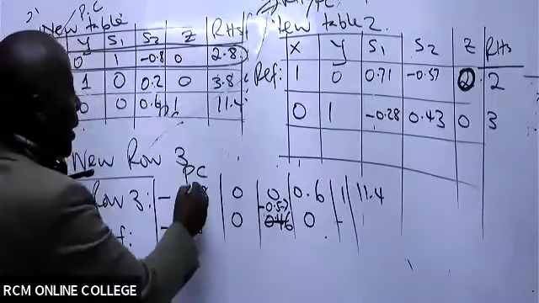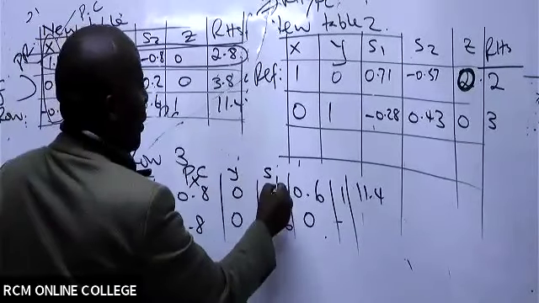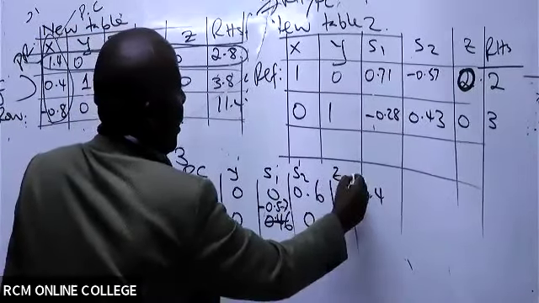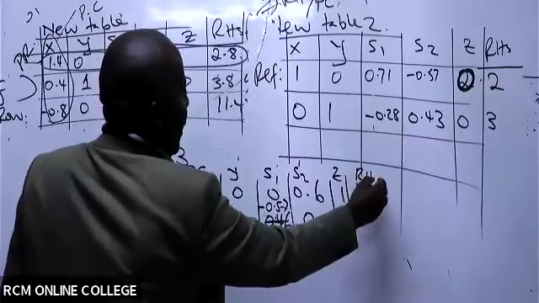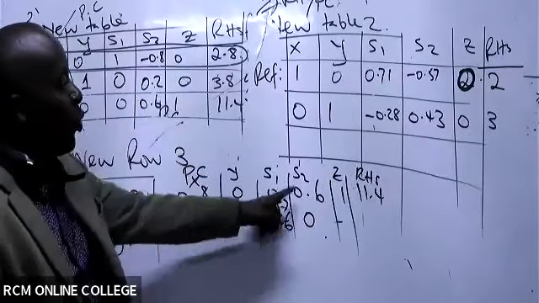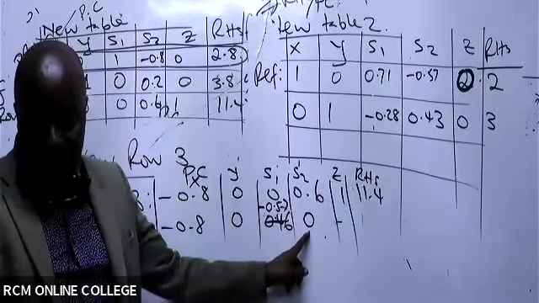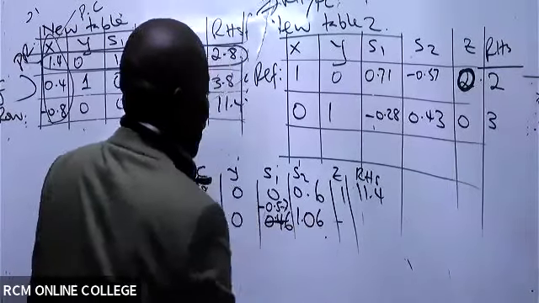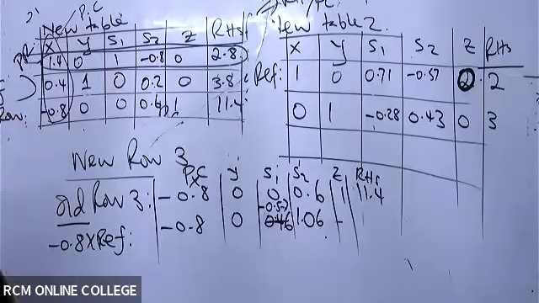So remember, this is X, this is Y, S1, S2, Z, and then the right-hand side. So give me the one of S2. S2, what do we have? S2 is 1.06. Are you sure that S2 is 1.06?